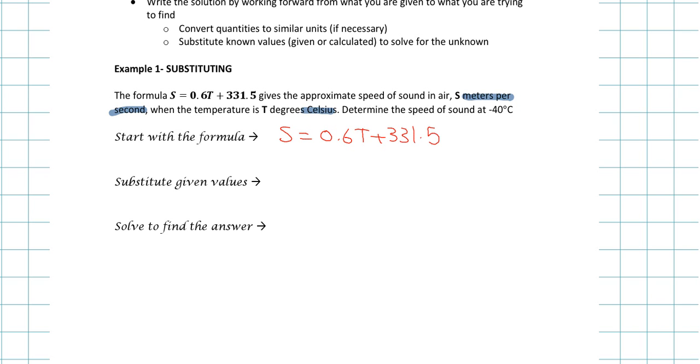So my given information is, I'm going to just ignore this, and I'm going to follow a better system, which is the GRASP system, okay? So the given information is T equal to negative 40 degrees Celsius.